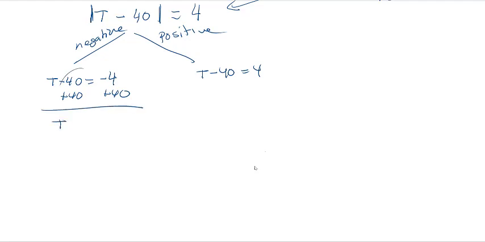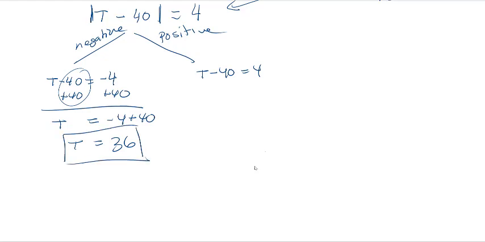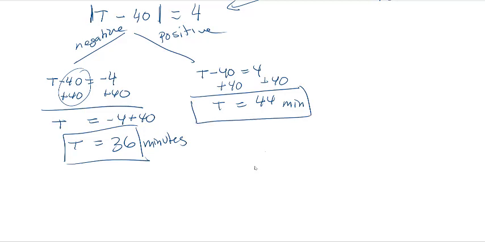We have t, these cancel, equals minus 4 plus 40. So t equals 36. So this is our minimum time, right? And this is in minutes. On the other hand, here too, we can add 40 to both sides of this equality, and we get t equals 44 minutes. Okay, so we have these two results.